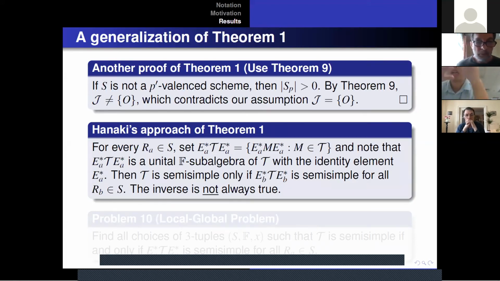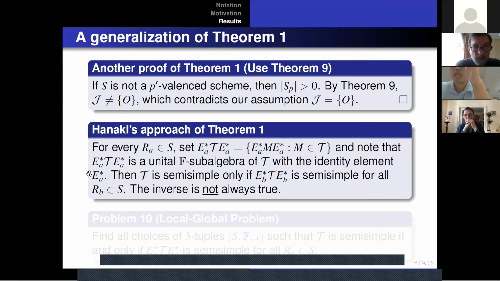Now I want to mention Hanaki's approach for theorem 1. His approach seems to be very interesting, so let me introduce his tool. For every R_A belonging to S, he defined E_A* T E_A* as the set of E_A* M E_A*, where M is an element of T. We know that E_A* T E_A* is a unital F-subalgebra of T with identity element E_A*.